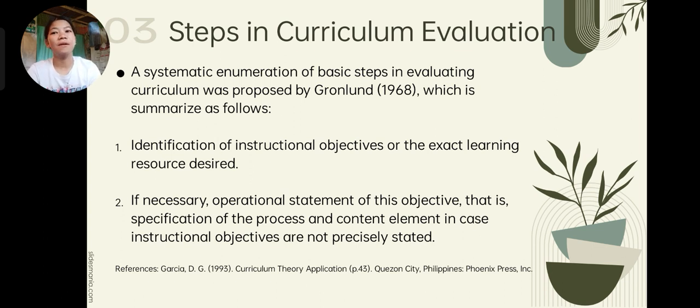For example, the students will be able to explain how gravity affects objects on Earth. And then next is, if necessary, operational statement of this objective, that is a specification of the process and content element in case instructional objectives are not precisely stated.